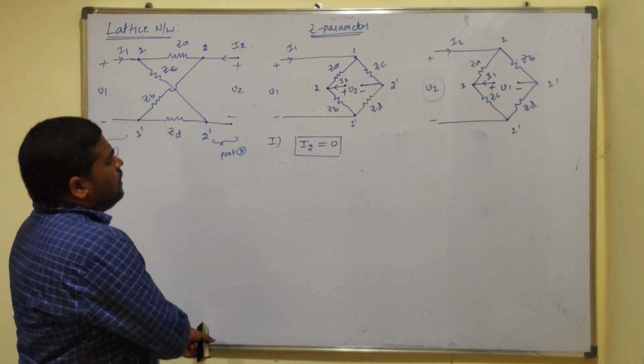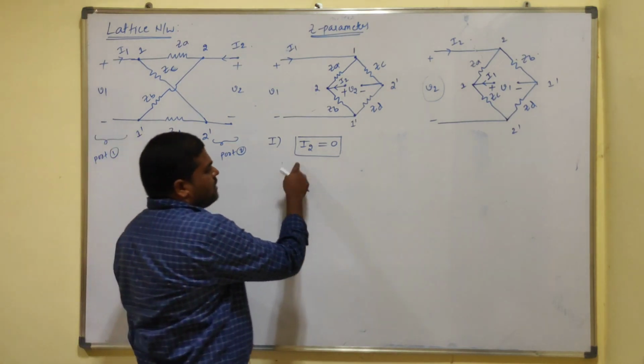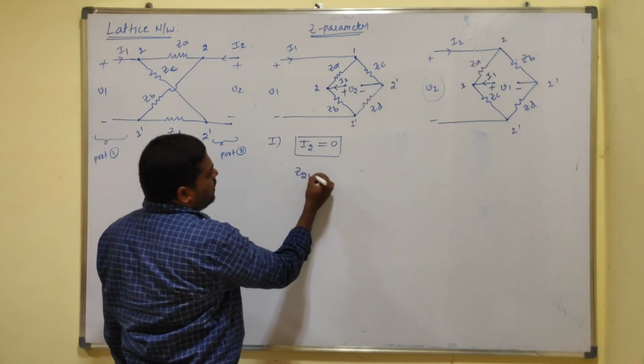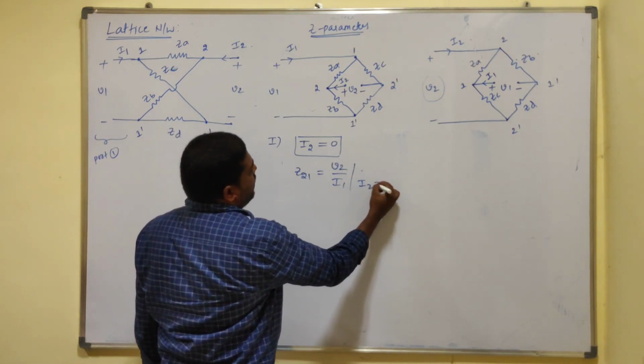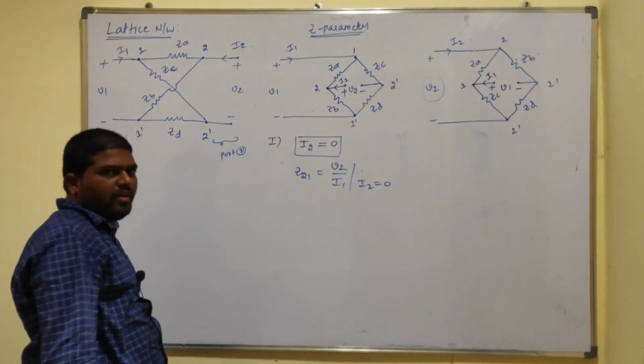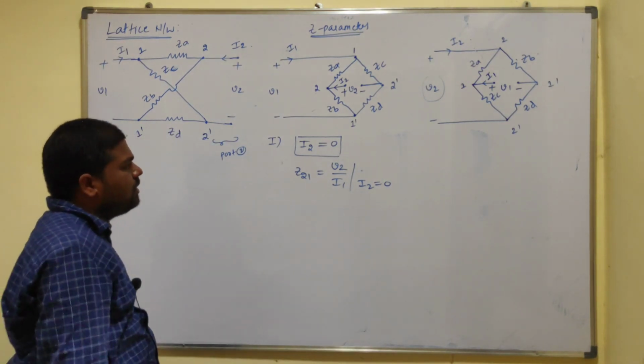Now the next parameter is Z21, that equals V2 by I1 only when I2 equals 0.